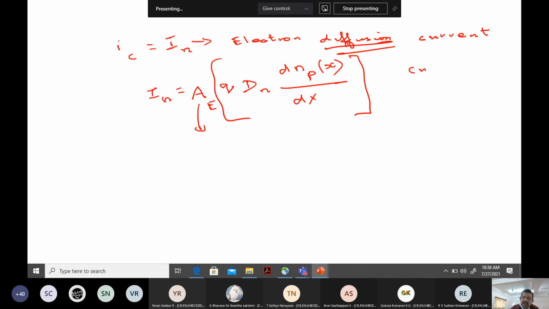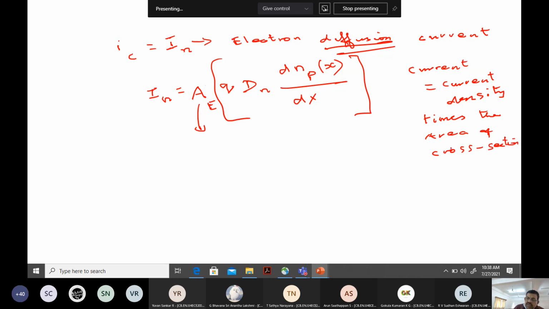So current is nothing but current density times the area of cross section. Let us say the current is flowing towards you, into the computer.